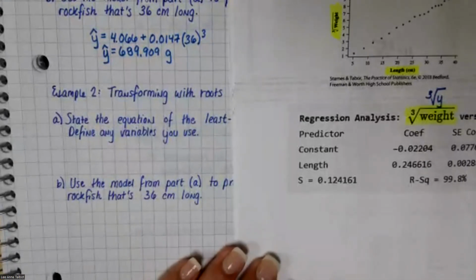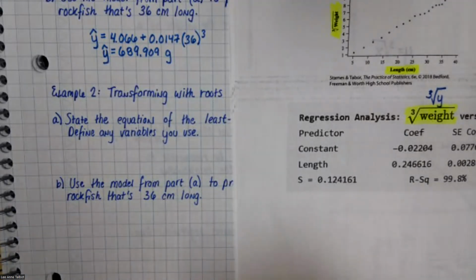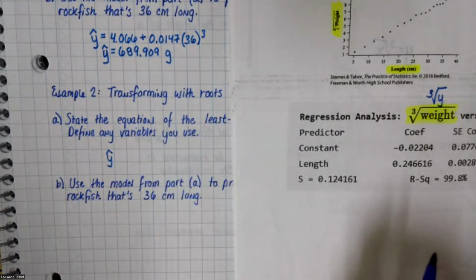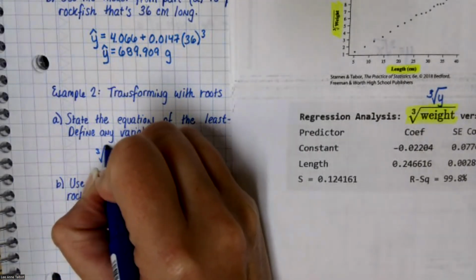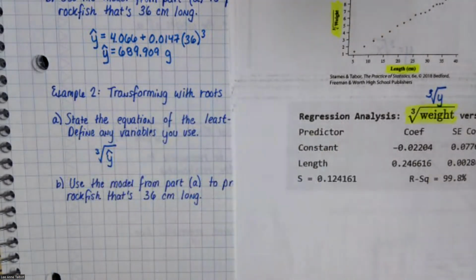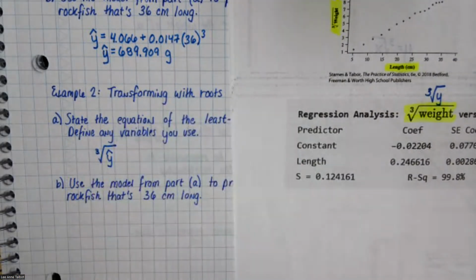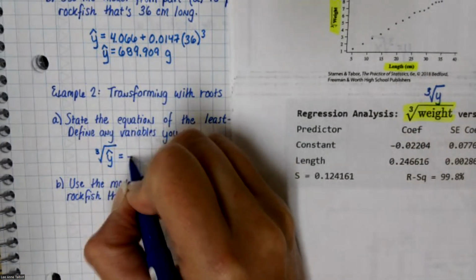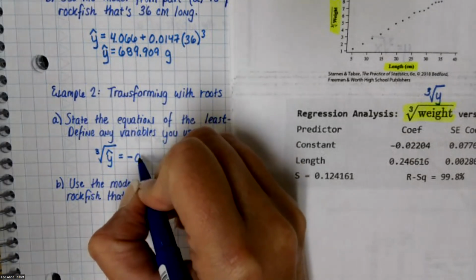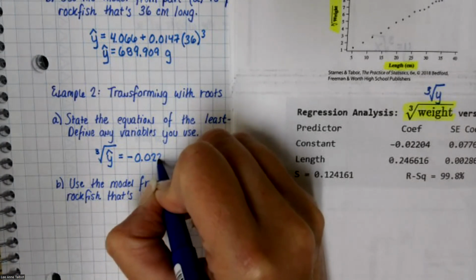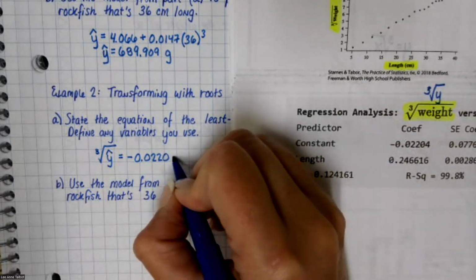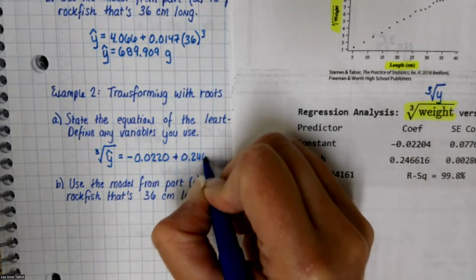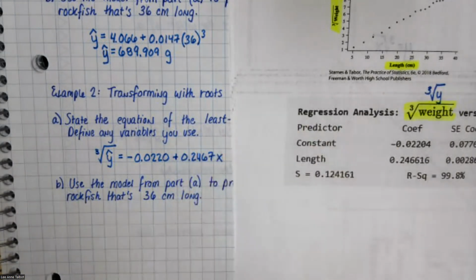Okay, so I'm going to attempt to show all of this at once. What I'm going to do is put y hat, and then a cube root over top of it, equals a is negative 0.0220 plus 0.2467 and then plain x this time.